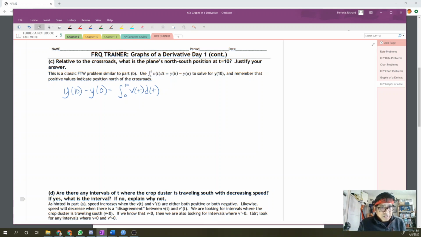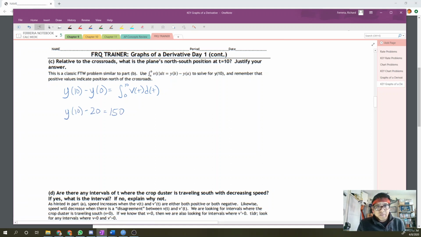This time, taking a look at the left side, I have one known and one unknown. I know what the position was at t equals 0. It was given to me as 20. But I don't know the position at t equals 10. Now, a careful look at this fundamental theorem equation: we've got two knowns and just that one unknown.